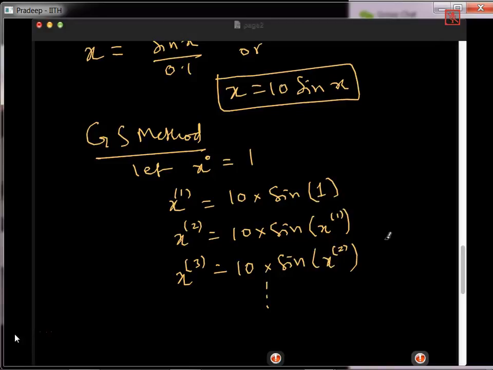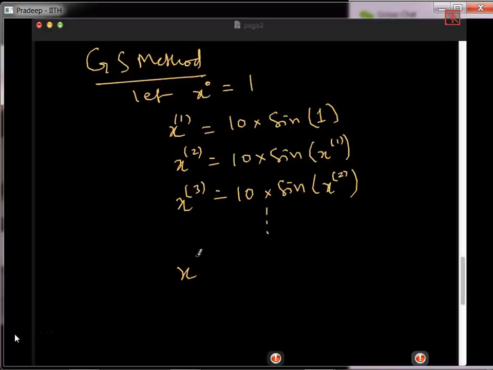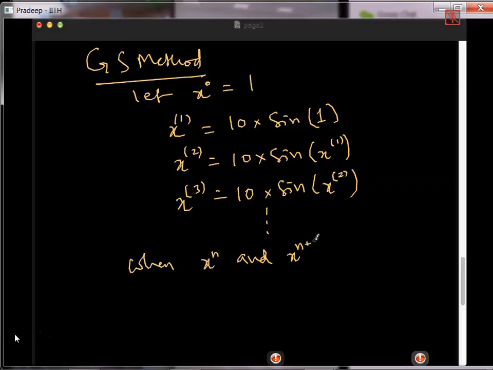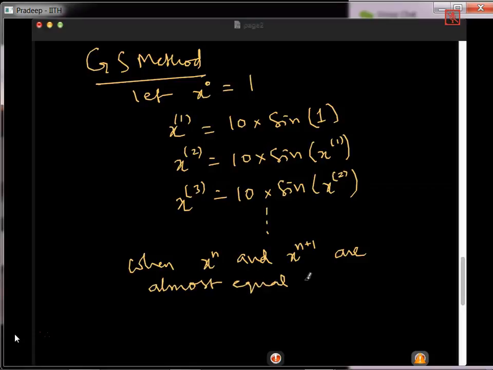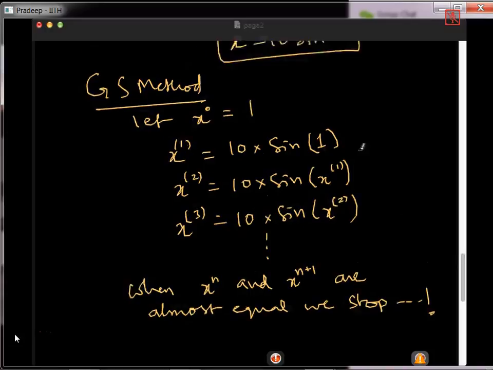Then finally, when xn and xn plus 1 are almost equal, we stop. So let's try this. I hope you got the procedure to solve.